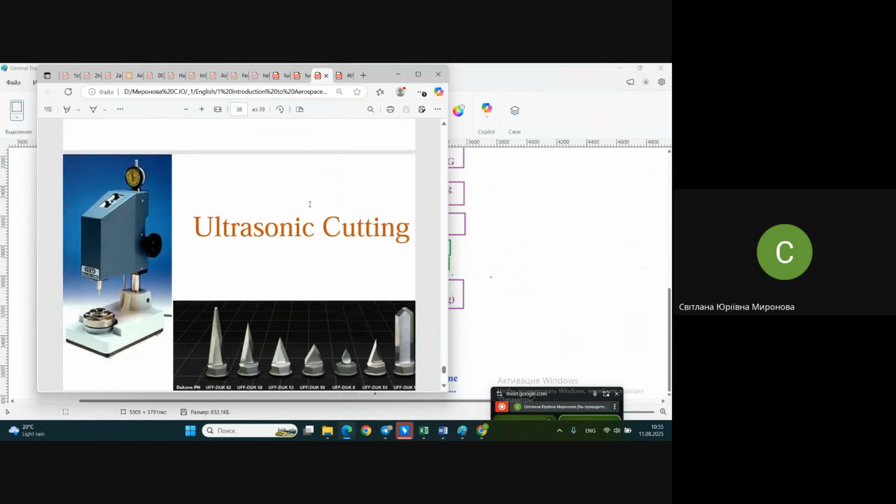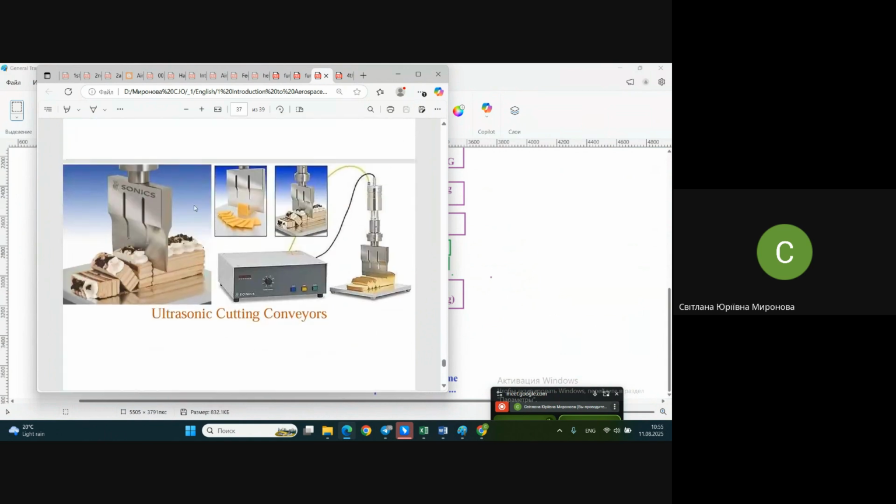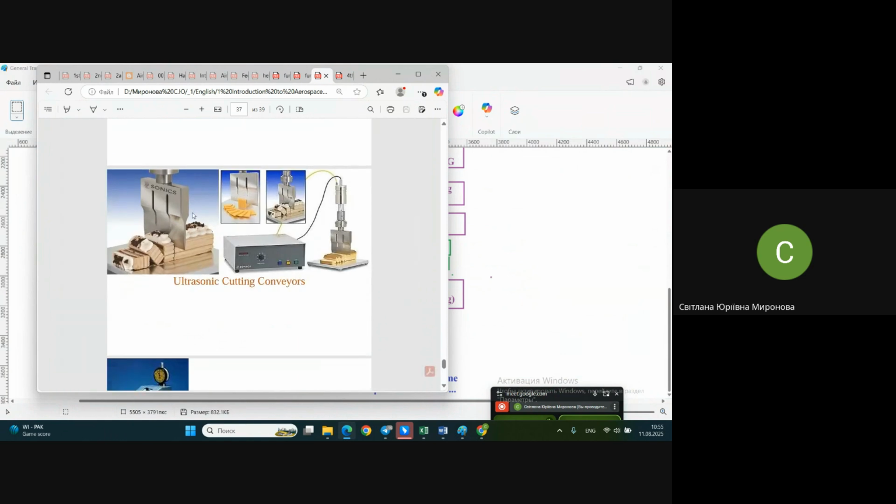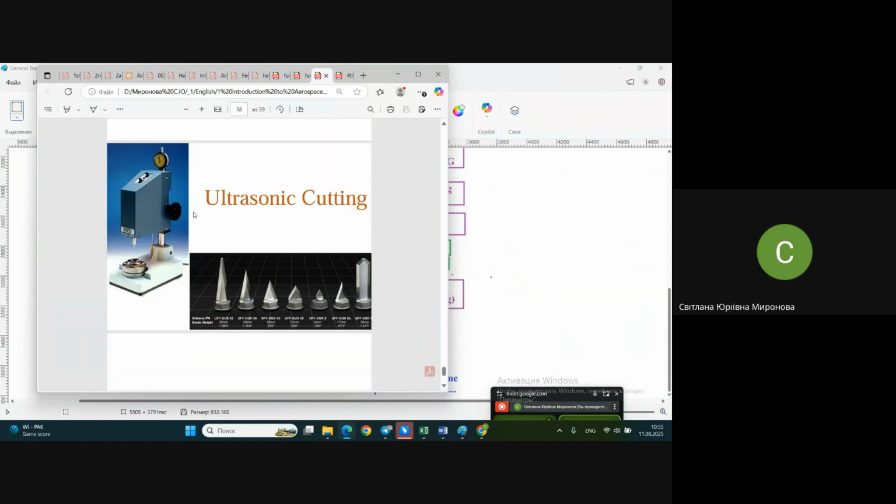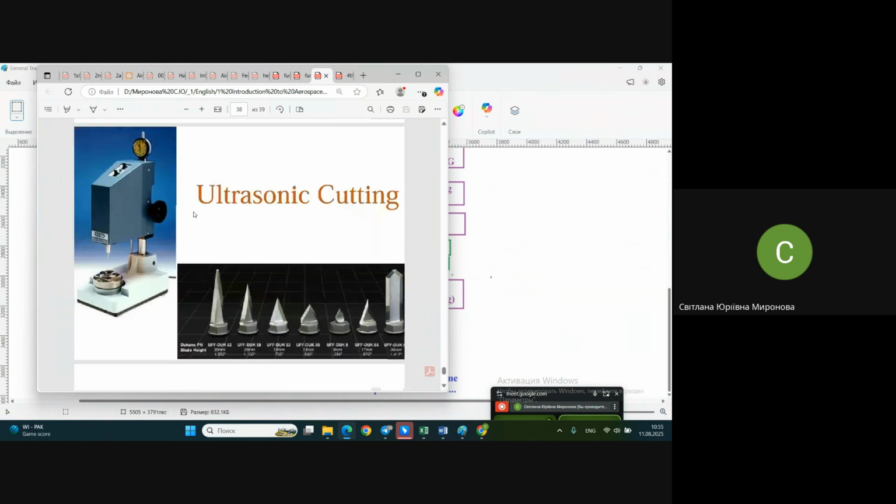And once again, it oscillates in the normal direction, not in the direction of cut, perpendicular to the cut direction. And usually this equipment is cheap and rather simple in use.